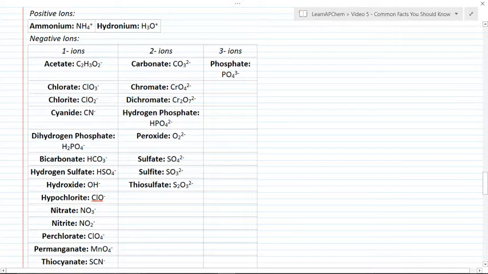So if you saw SO3 but you knew SO4 was -2, you can certainly say that SO3 is -2 as well. Similarly with chlorate, hypochlorite, wherever that is right there.